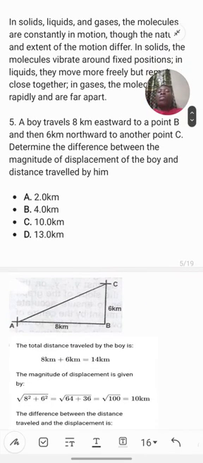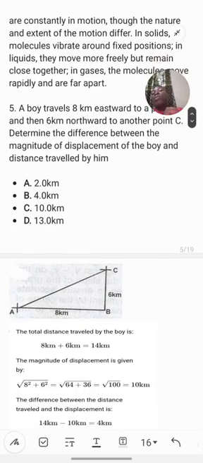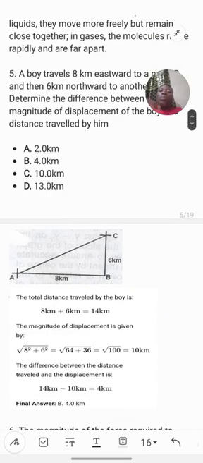The magnitude of displacement is easy. We are going to be using the Pythagoras theorem. Now you can see that what we are looking for there is the hypotenuse. The opposite is 6 kilometers, the adjacent is 8 kilometers. So hypotenuse squared equals opposite squared plus adjacent squared, and that will be 8 squared plus 6 squared. That will give us 100, and that is 10 kilometers.